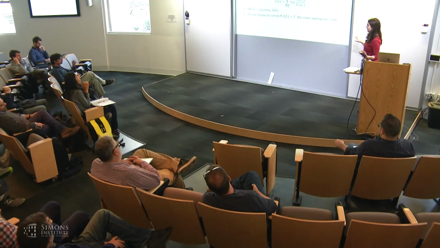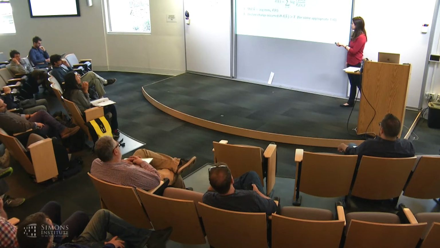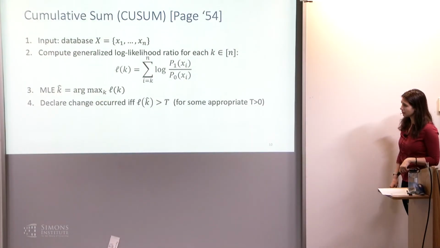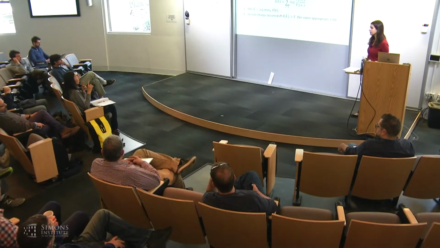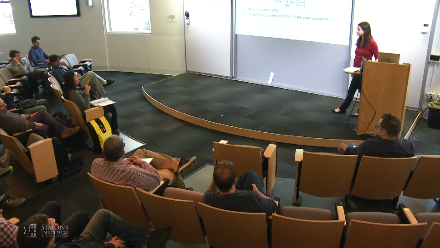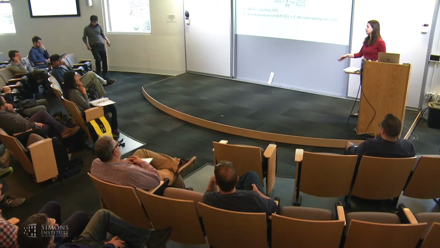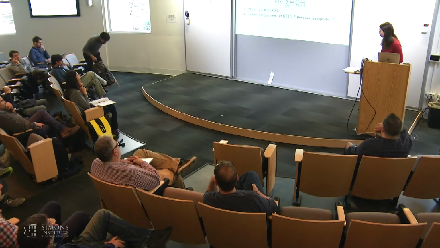And so then in the absence of privacy, we just compute the MLE, which is basically the time k at which it was the most likely that a change occurred. Do you assume the change only happens once within the n sequence? Yes. We will see multiple changes at the very end, but for most of the talk it's just one change.